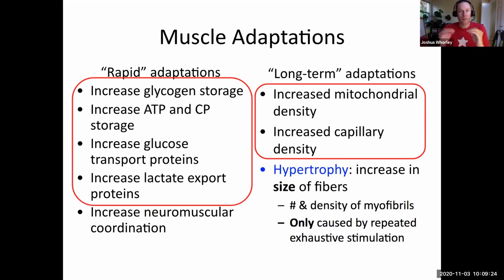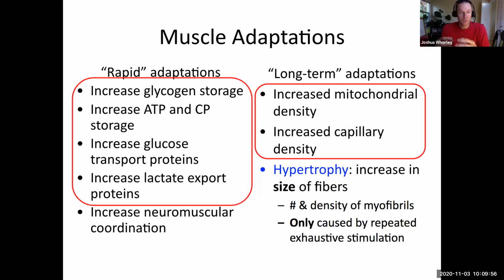So improved and efficient communication between the motor neuron and the individual muscle fibers that it contacts, so that you basically end up getting all fibers, whether they're aerobic endurance fibers or glycolytic fibers, being more efficient at firing just the right number of motor units, or just the right size of motor units, to lift whatever weight you're lifting, but not overdoing it.